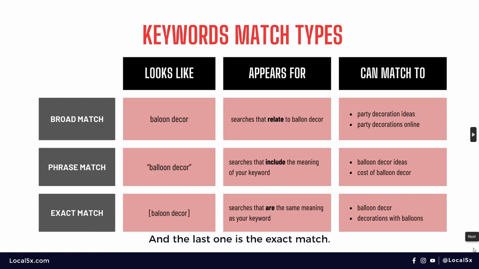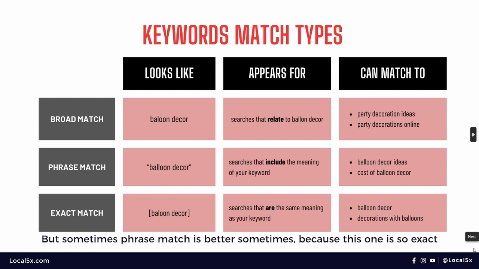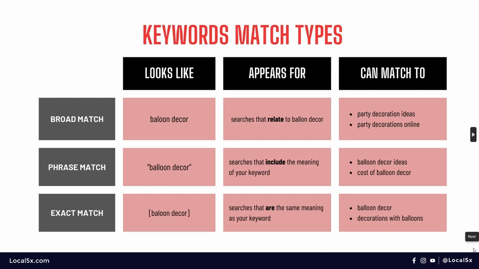And the last one is the exact match. And that one goes in brackets. What it appears for is searches that have the same meaning as your keyword. So this one is the most relevant, right? But sometimes phrase match is better because this one is so exact that Google is going to trigger it very few times, right?